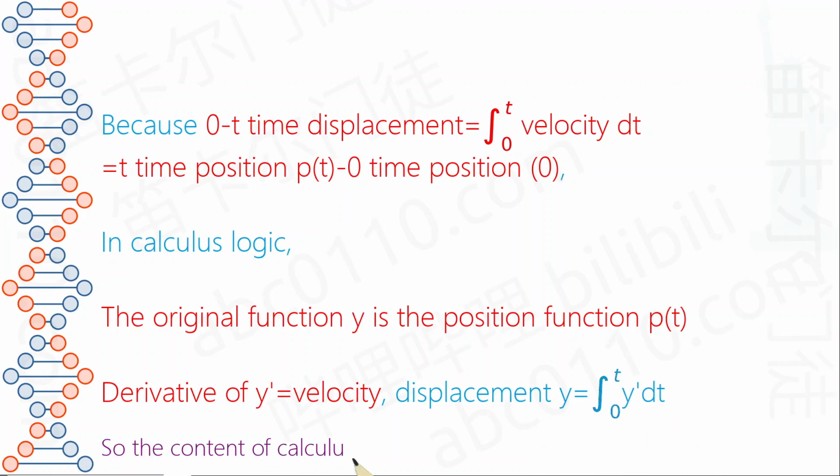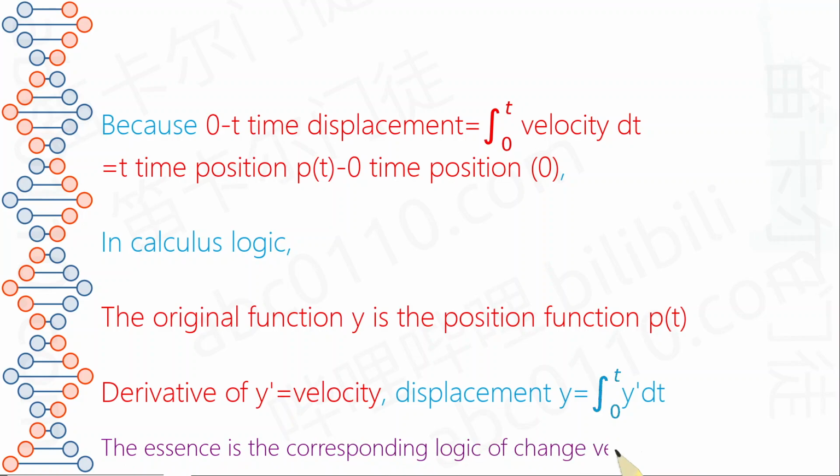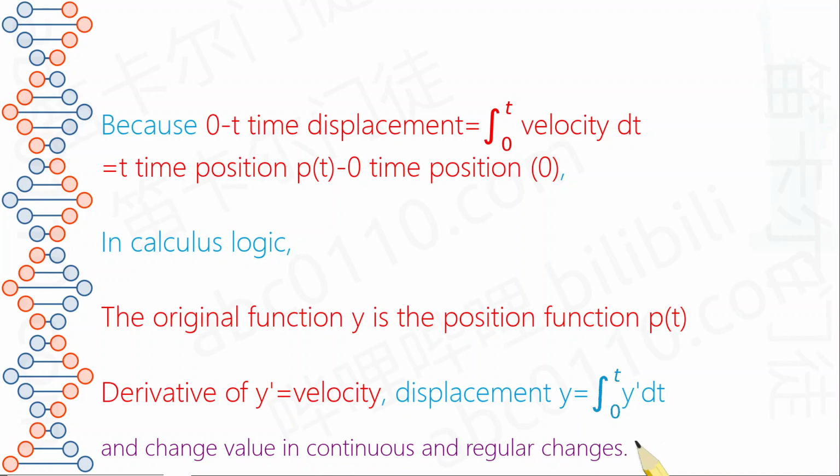So the content of calculus in mathematics, simply put, establishes the corresponding logic between the velocity function and the position function. The essence is the corresponding logic of change velocity and change value in continuous and regular changes.